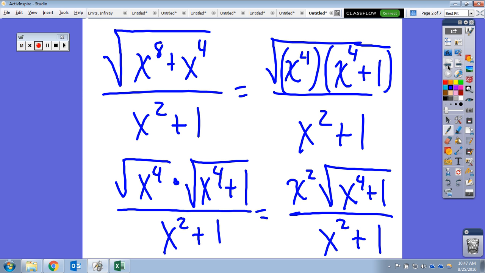Factoring allows us to convert a sum to a product. That creates a huge advantage in mathematics. Because now I can write it like this, and that guy breaks down nicely to x squared.